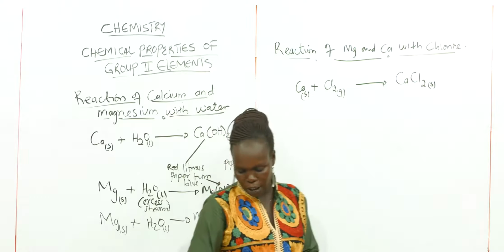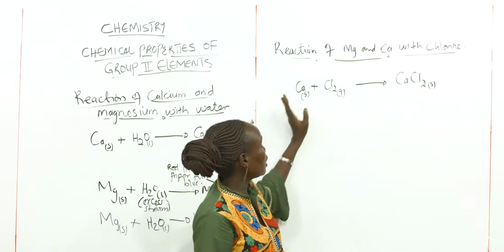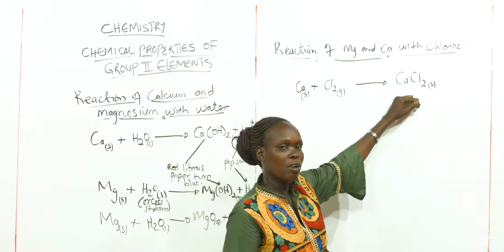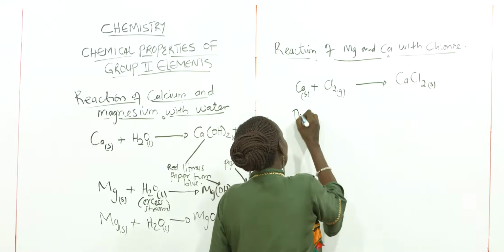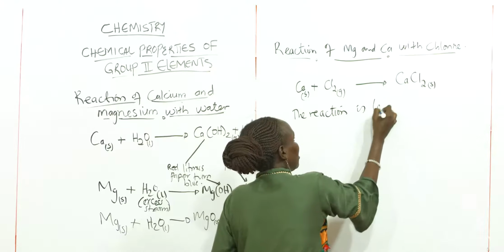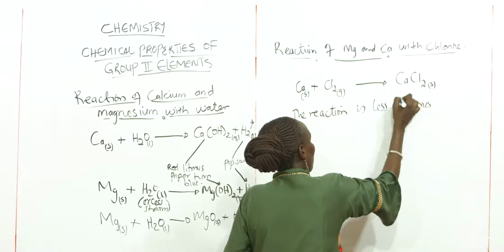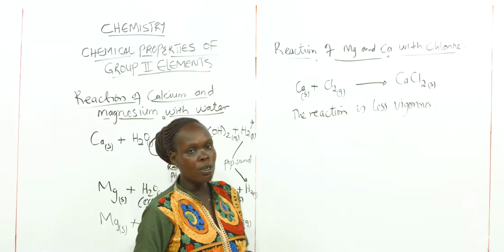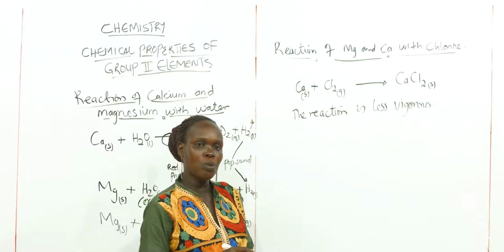So calcium plus chlorine gives calcium chloride, and this reaction is less vigorous. Why? Because there is a coating at the surface of calcium, and this makes the reaction slower with the chlorine gas.